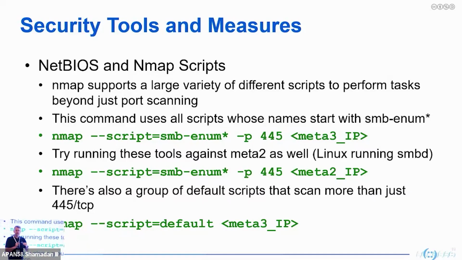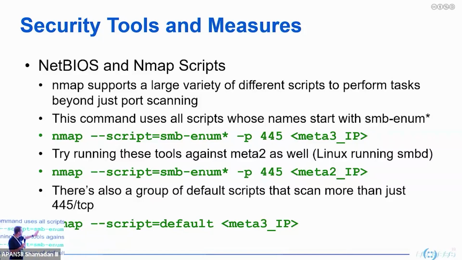You can give the scripts by name individually, but you can also use wildcards like the star character. The names start off with the most generic and then become more specific. So here we're running all scripts that start with the name smb-enum. Enum is for enumeration, trying to gather information from it.